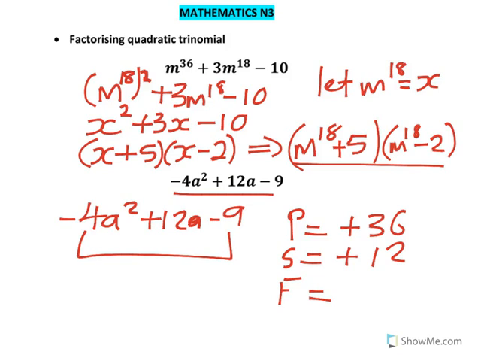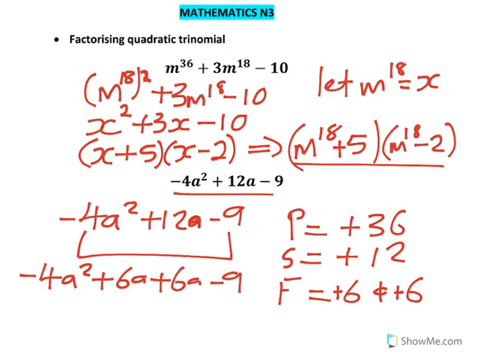If you quickly look at the factors, it's positive 6 and positive 6, and you check it: minus 4a squared plus 6a plus 6a minus 9. If you continue to factorize it, it will give you the solution.